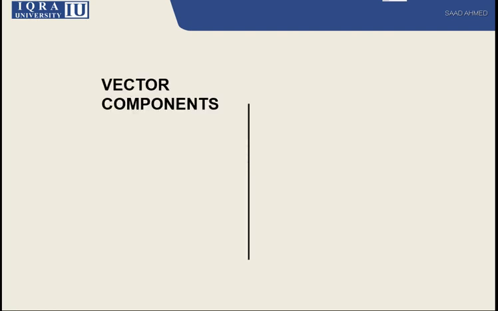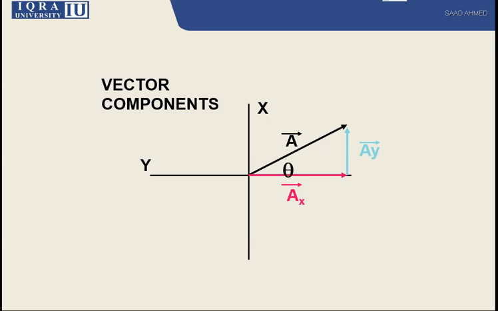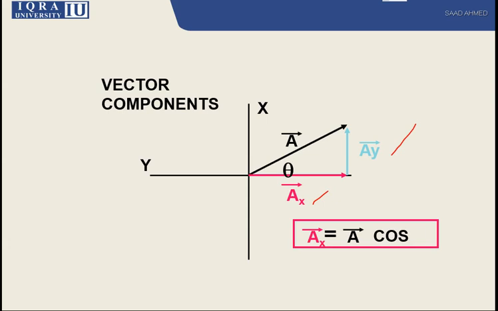Vector components. Look at this x and y axis. We have a vector A here with a theta degree angle. The x component is on the x axis, that is Ax, and the y component is on the y axis, that is Ay. This one and this one. So moving forward, Ax is equal to A cos theta and Ay is equal to A sine theta.